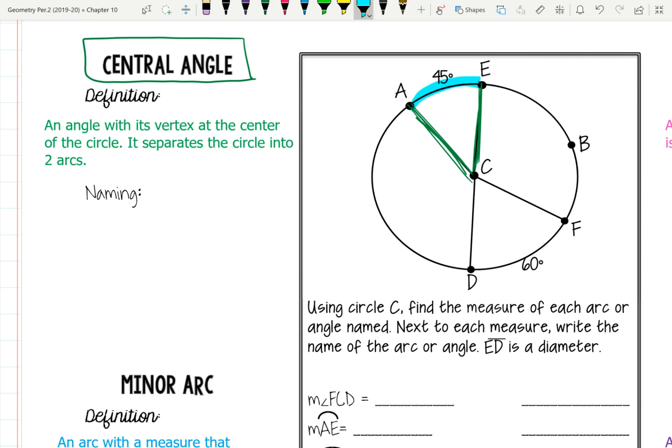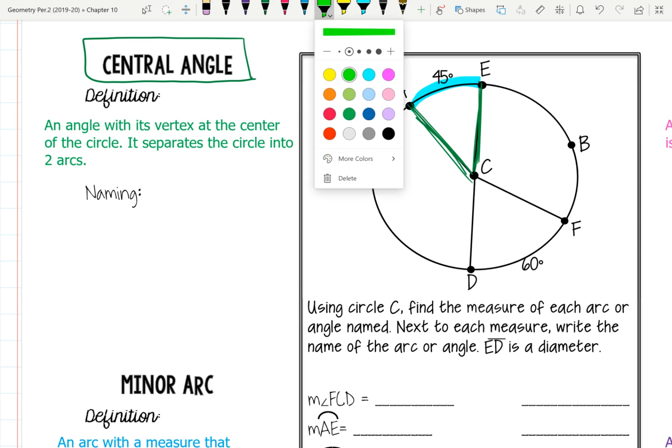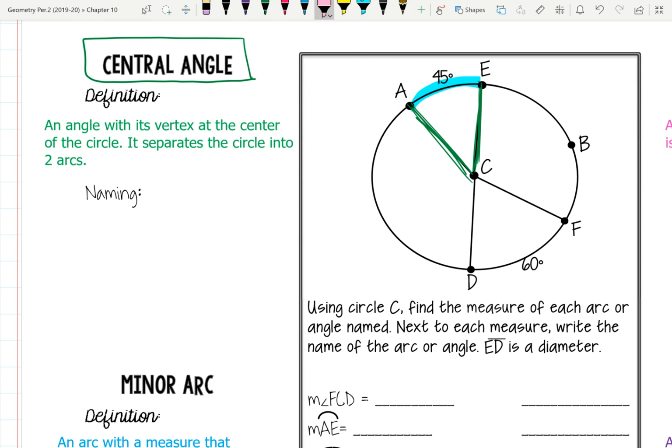The other arc you're going to see is the large arc that goes all the way around to the other side. Together, these two arcs form a full circle, a full 360 degrees. But individually, you have two separate arcs.